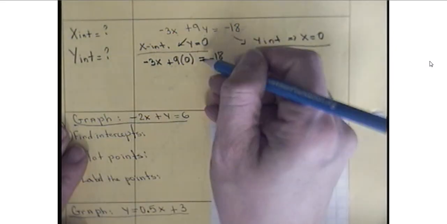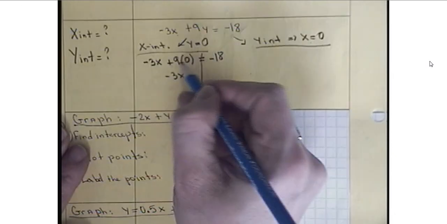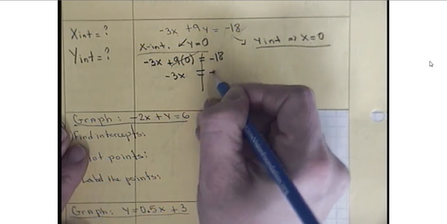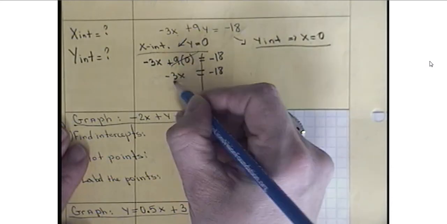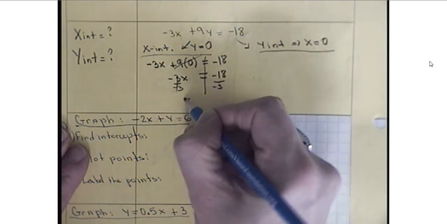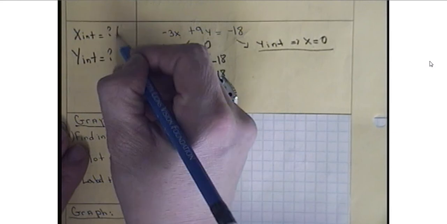So let's go ahead and solve the equation. We have -3x, 9 times 0 is 0, so this is gone, equals -18. We just need to divide by -3. So x will be equal to +6. The x-intercept in this case is 6.